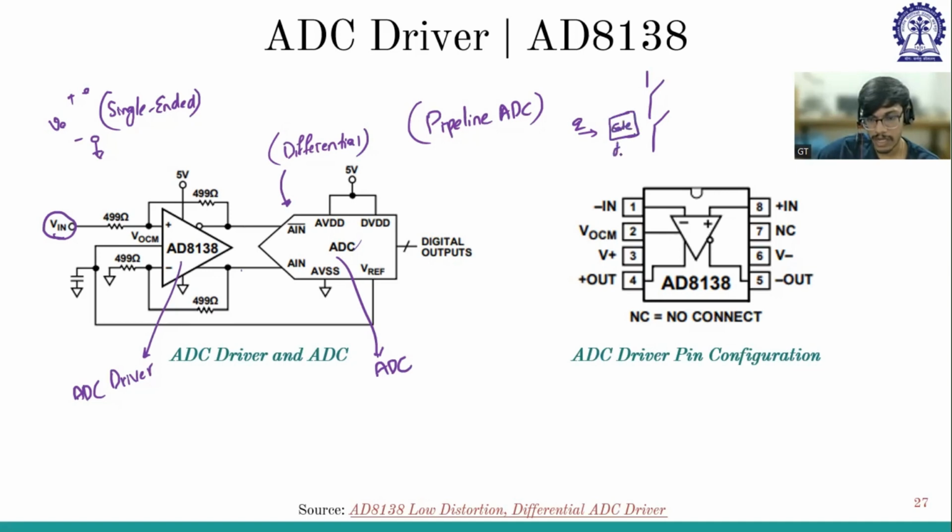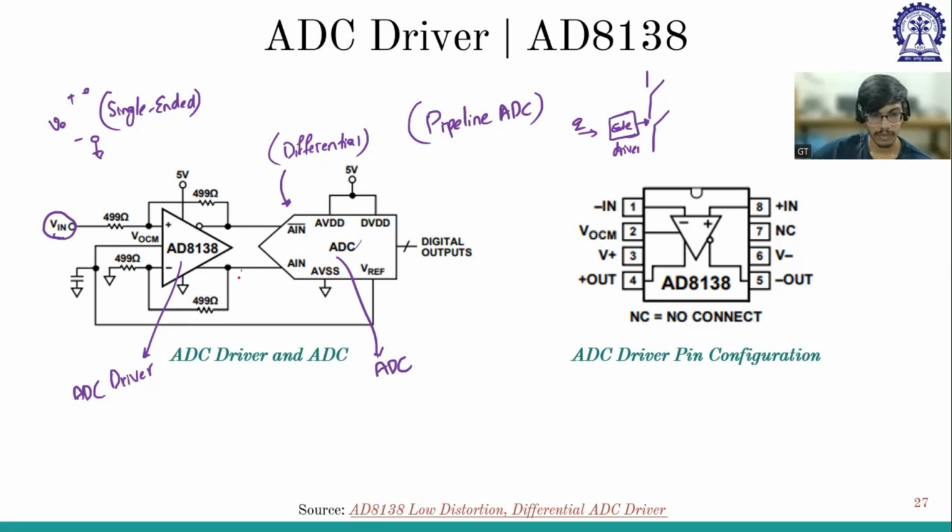What is the purpose of the gate driver? The gate driver takes this input and provides sufficient voltage to the switch so that the switch will be closed. Similarly, here also we are using the driver because our signal does not have that much power, so it will provide that power, and it will give the input to the ADC so that it can drive the ADC. In order to process our signal from analog to digital, it requires some power. That power is being supplied by the driver.